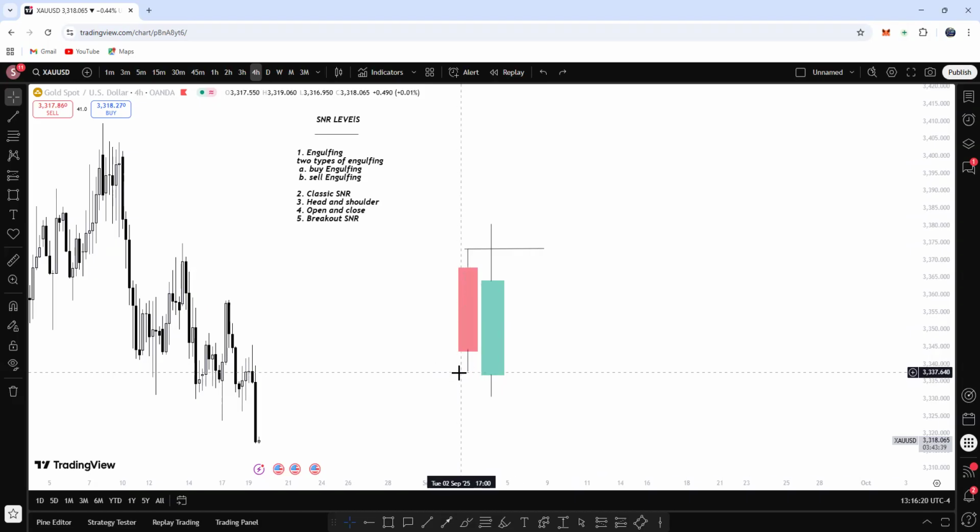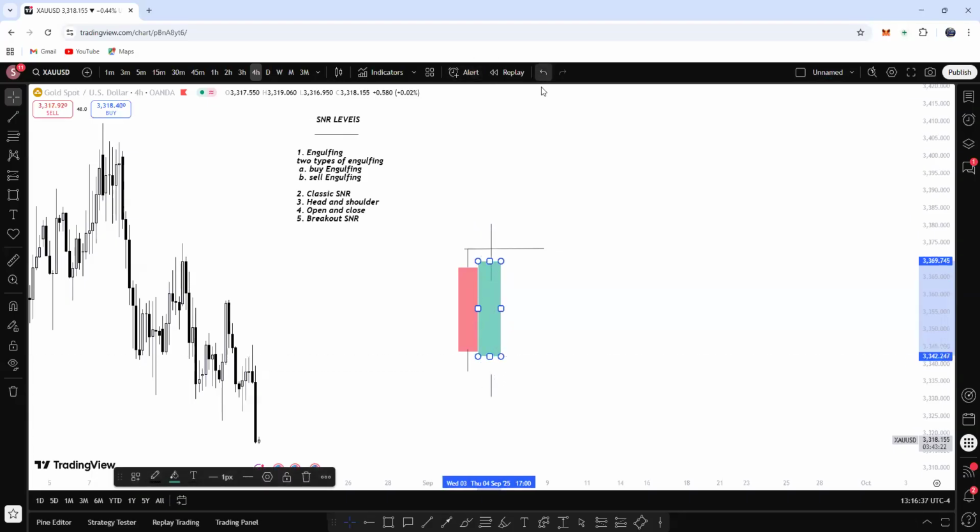For this case, we are talking about bullish engulfing. You don't really have business with the low.